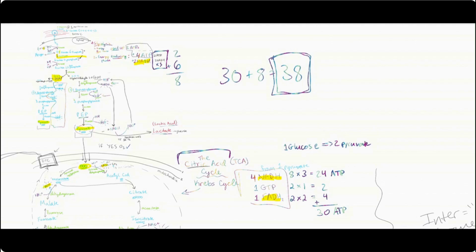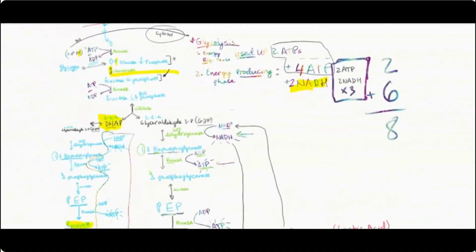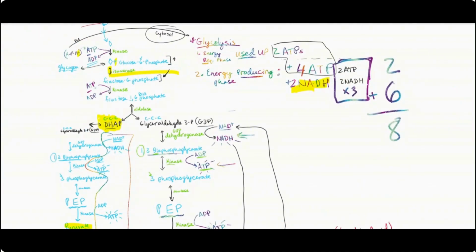The other thing to keep in mind is that to make energy, we tend to need to spend energy. A perfect example of this is something that we see in glycolysis, right? We have an energy requiring phase where we used up 2 ATP just to get this whole process started. And the same holds true if we want to transfer molecules like NADH and FADH, right?